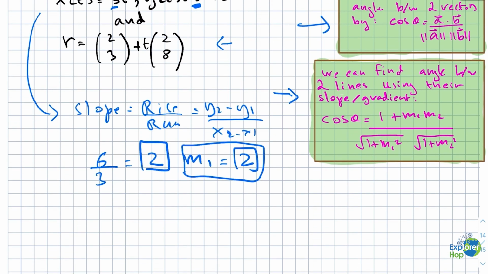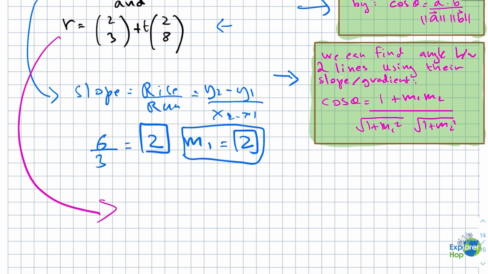Now we have to figure out the slope of the second line. The slope of the second line, remember the line is written in the format y equals mx plus c, or plus b, where m is the slope. So this is basically y equals b plus mx.